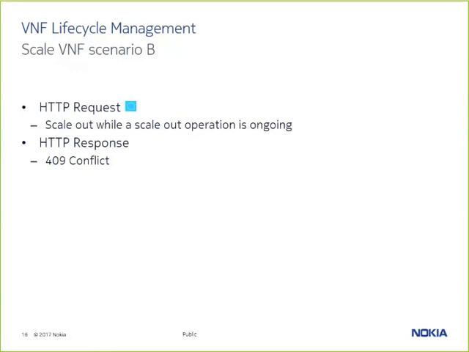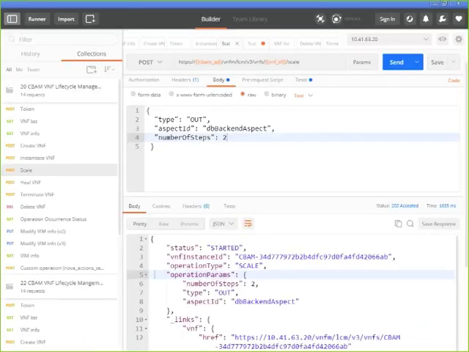For example, a very easy thing to understand is that instantiating and terminating the VNF at the same time would not make any sense. Now we are just scaling out the VNF while it's scaling out, so just to see that this is happening. So we have the same operation.